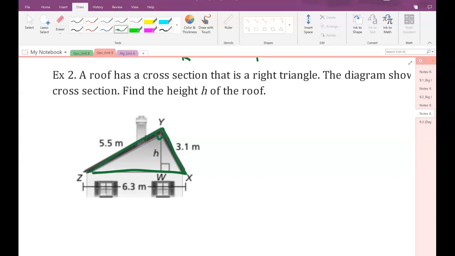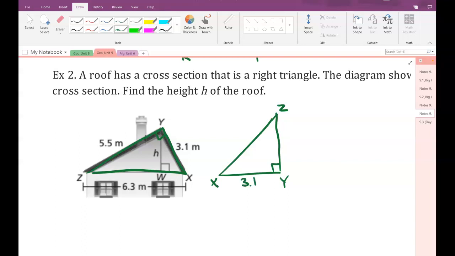We're trying to flip the orientation to be the same. We could say this is y, this is z, and this is x. It's our right angle here. Where the length from y to x is 3.1.